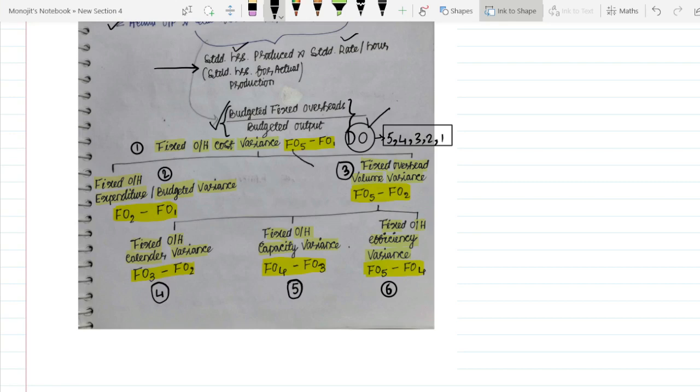FO5 will come to fixed overhead volume variance and FO1 will come to fixed overhead expenditure or budgeted variance, which is FO2 minus FO1. Fixed overhead volume variance is FO5 minus FO2.